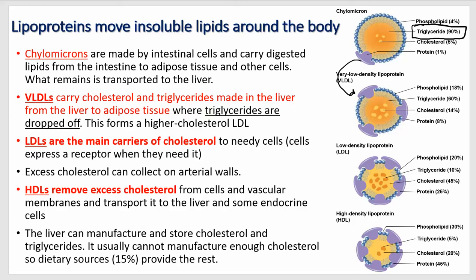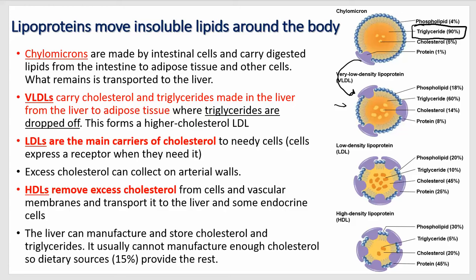Now, in the liver, these apoproteins, the liver is able to take all of these components, the phospholipids, triglycerides, cholesterol, and these apoproteins, and reform what we call a very low density lipoprotein. So these are produced in the liver. Okay, so they carry the cholesterol and triglycerides that are made in the liver, from the liver to adipose tissue.